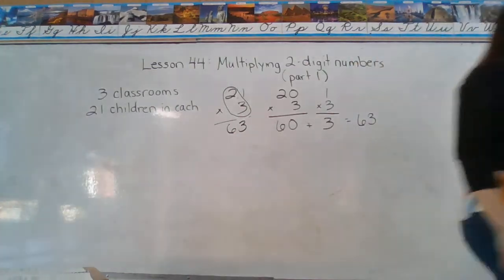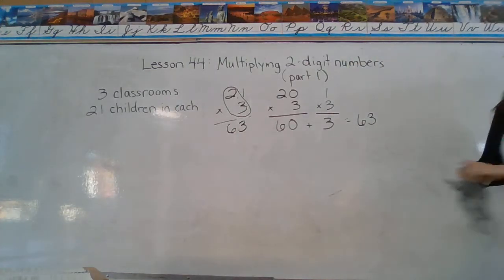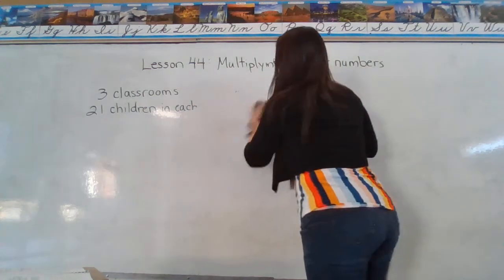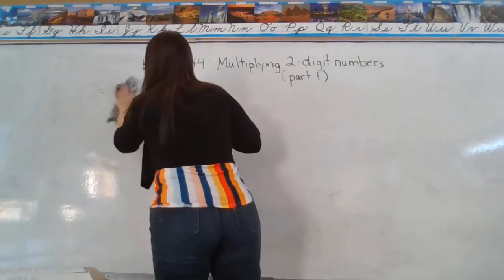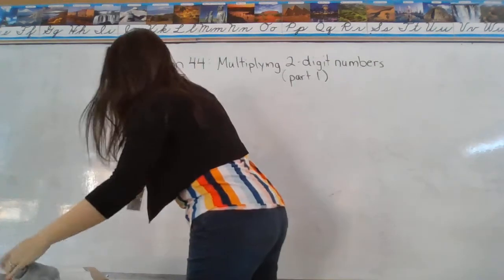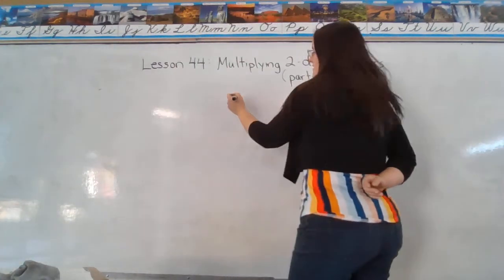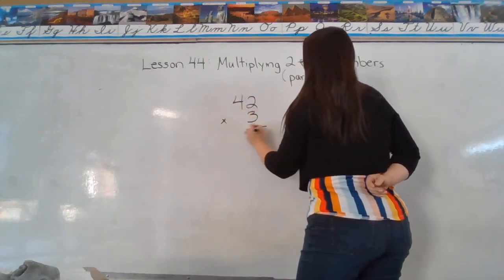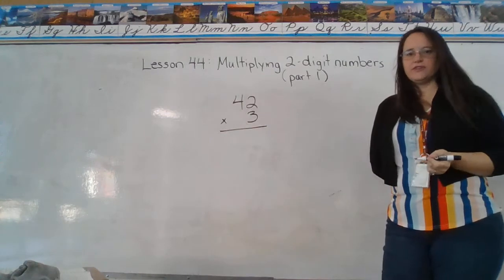Okay? Let's get rid of this example and try another one. All right, what if we were to do 42 times 3? 42 times 3.